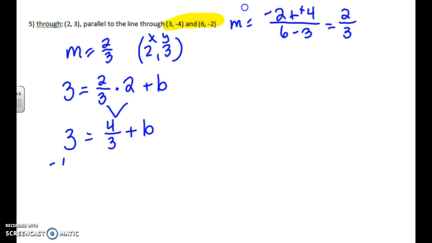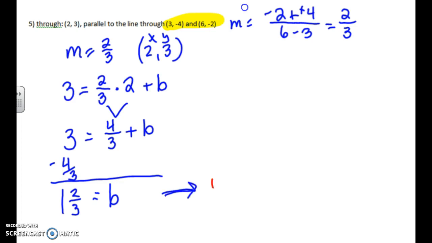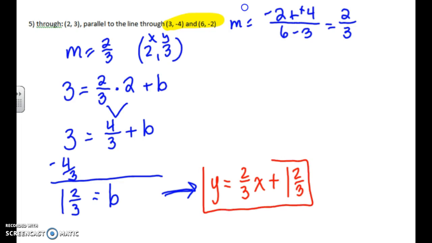So when I move that over, that's going to leave me with 1 2/3. And then that's going to be my final equation.